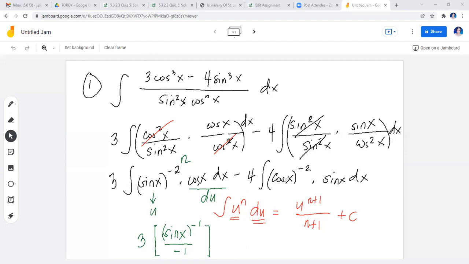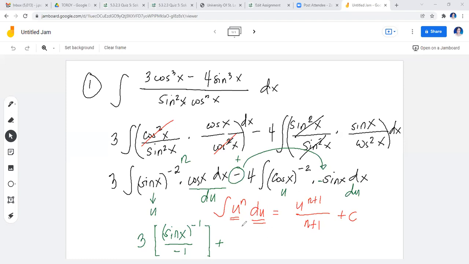For this one, your u is cosine of x. What's the du? It's negative sine x dx. So you take this negative sign here, replace it by a positive sign, and place it in here. So you place negative sine x dx. That way, you can use now the formula for power rule. So this will be now plus, because you use the negative sign here to complete the derivative of the cosine.